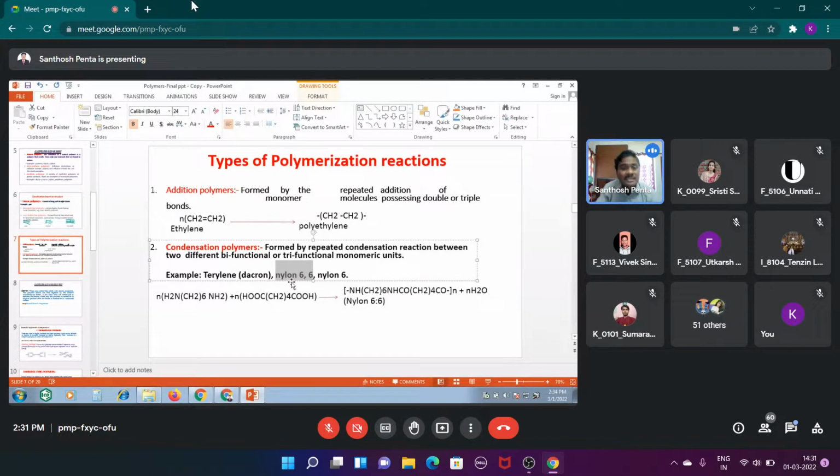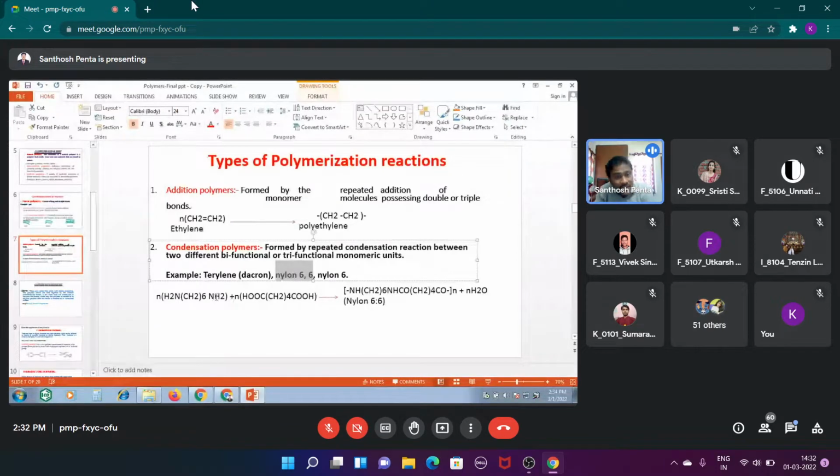Hence the name nylon 6,6. So in nylon 6,6, the monomeric units are hexamethylene diamine and tetramethylene dicarboxylic acid, which produce the nylon 6,6 polymer. See here, in the NH2 one H is there, and in the acid another OH is there.